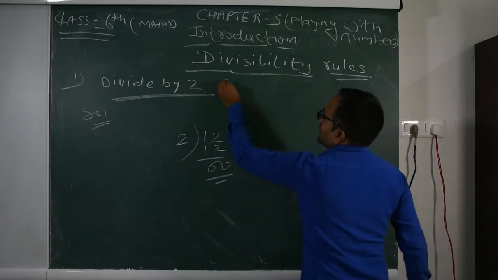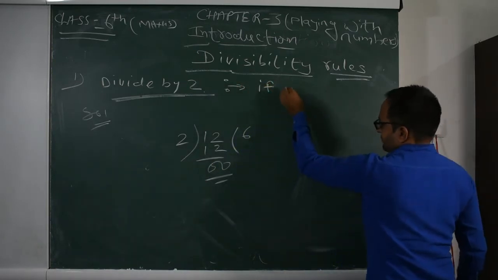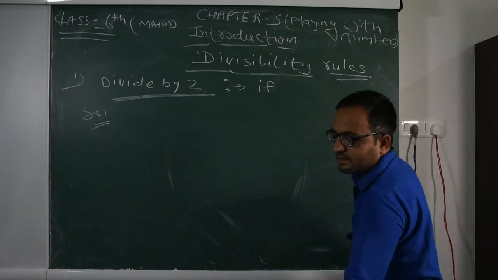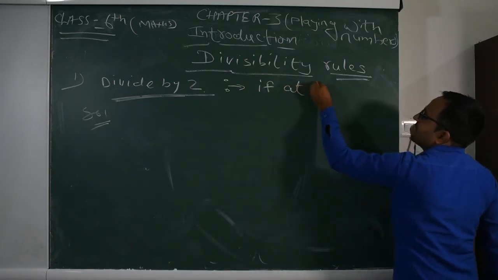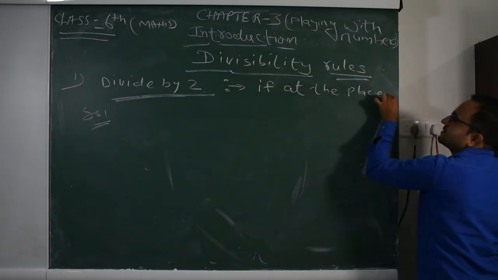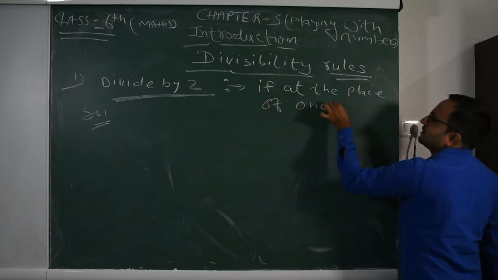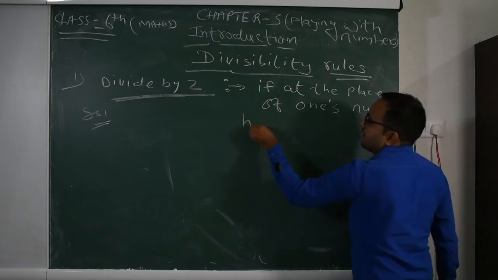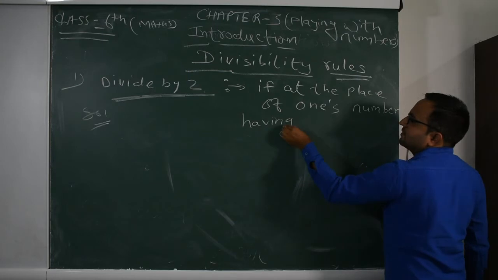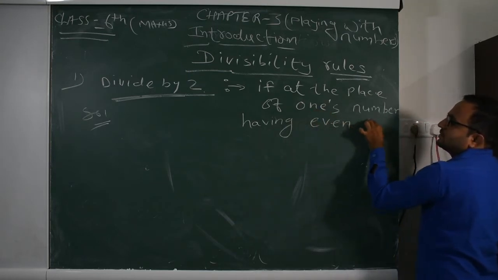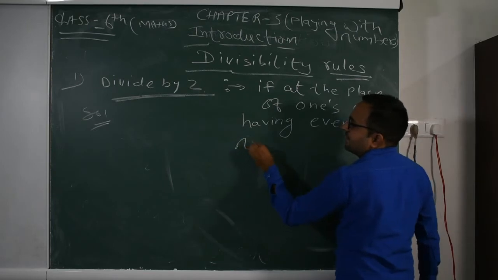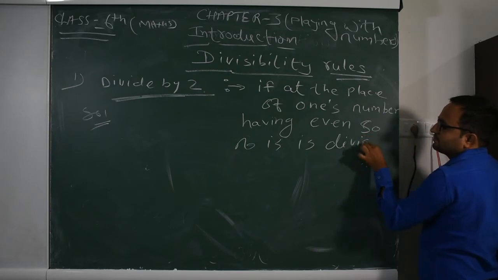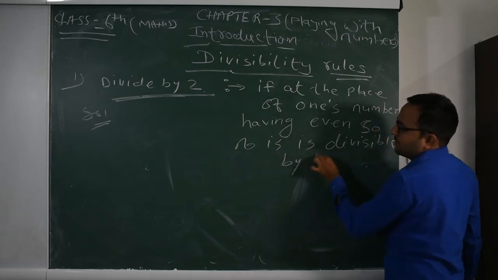That means if the number has an even digit at the place of ones, the number is divisible by 2.